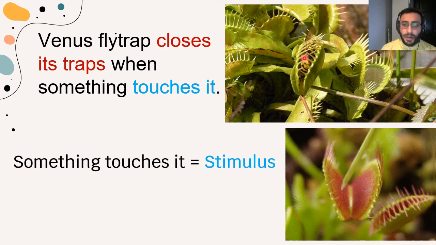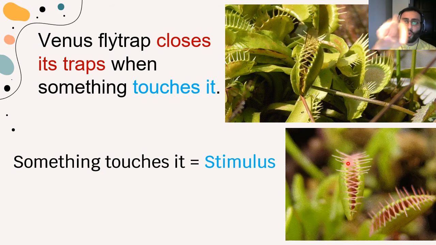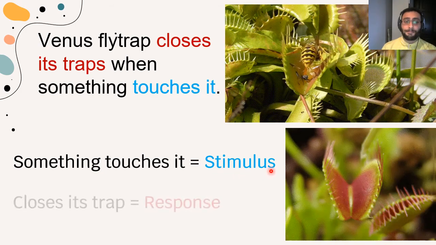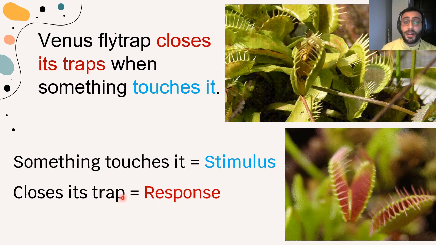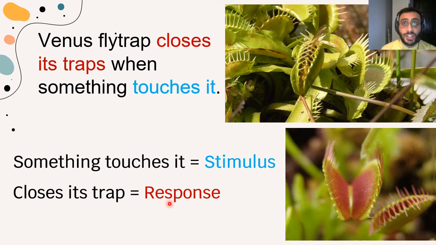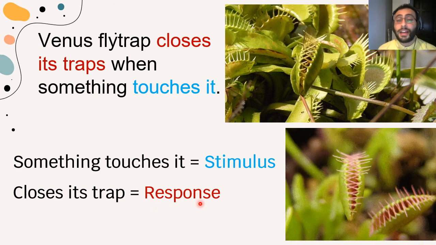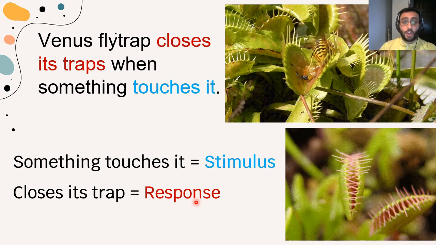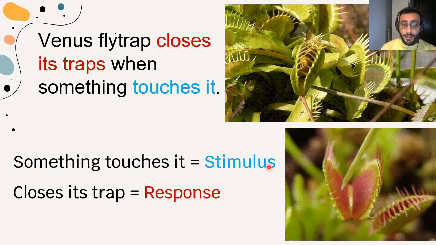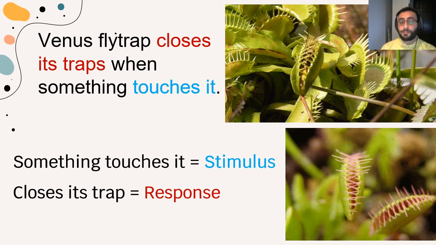It can be a bug. It can be, I don't know, you putting your finger in it. That's the stimulus. It closes its traps as its response. That is its response to something touching it. So that is the response to the stimulus of something touching it.